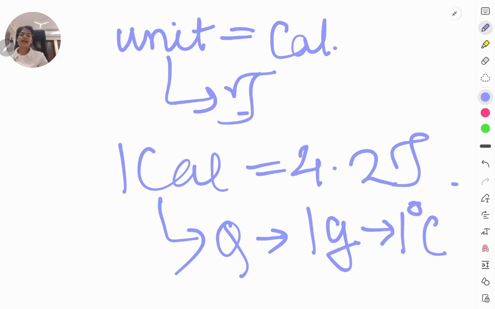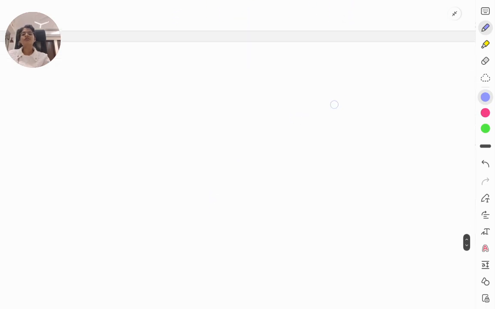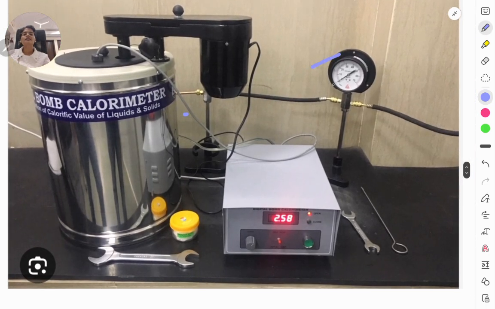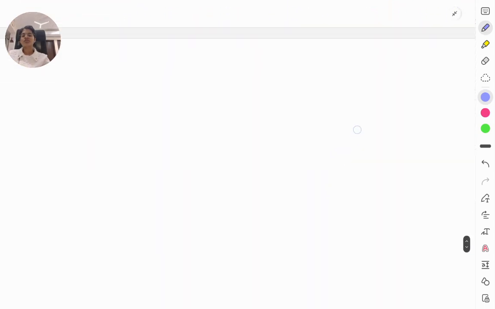That's what 1 calorie means. This is the calorimeter and it helps us find out the calorie. This is not something inside our body, it is just a machine, an instrument to measure it.